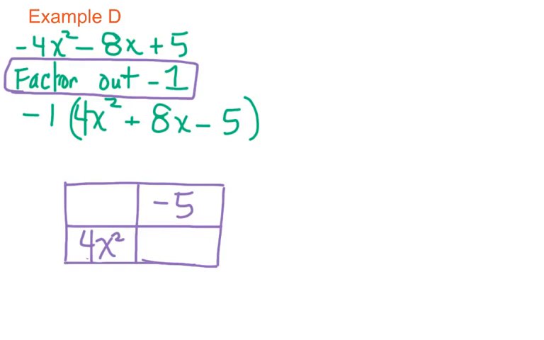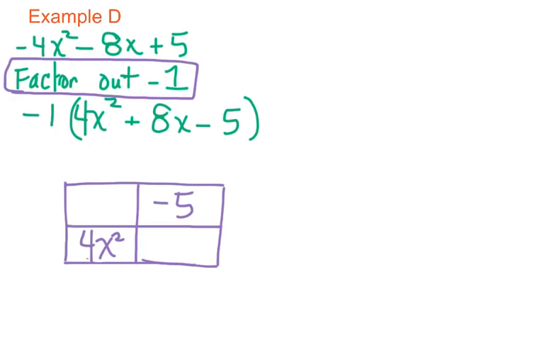You're probably going, well, do I have to do that? You don't have to. However, you're going to find that it's a whole lot easier to deal with when I factor out that negative. We typically, as mathematicians, don't like negative coefficients in our first term. Doable, yes, but easier when it's not there.